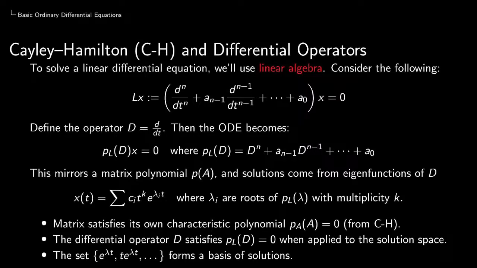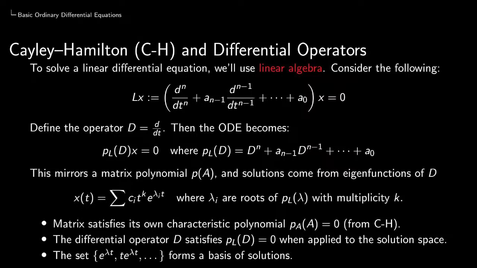And so, if we treat this linear operator as if it were a matrix, though it is not technically a finite dimensional matrix, this characteristic polynomial, when applied to itself, has to equal 0.